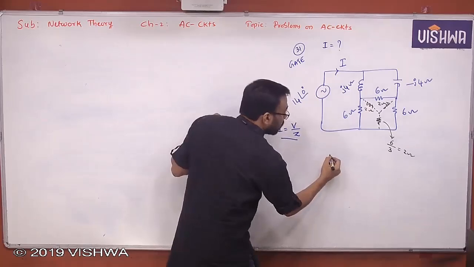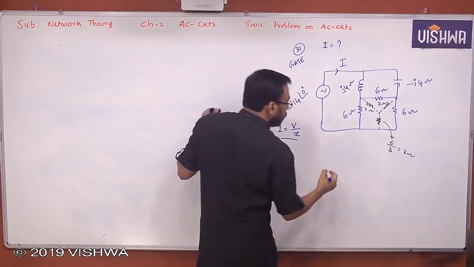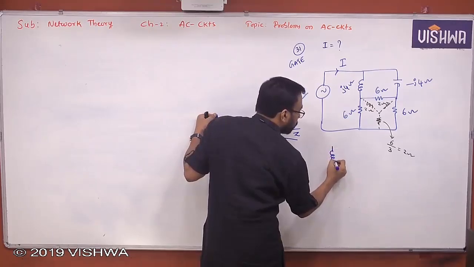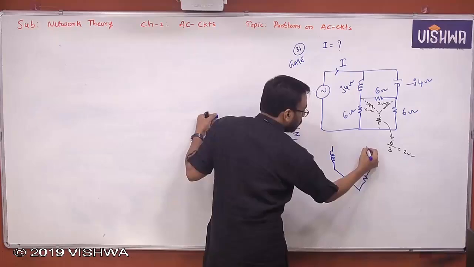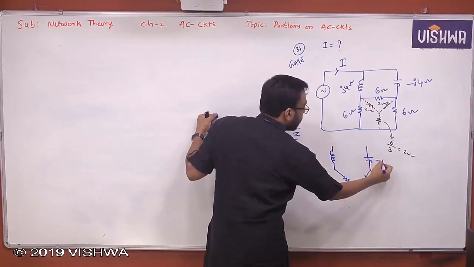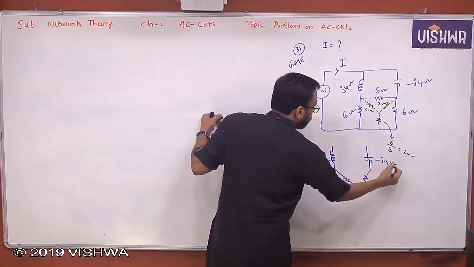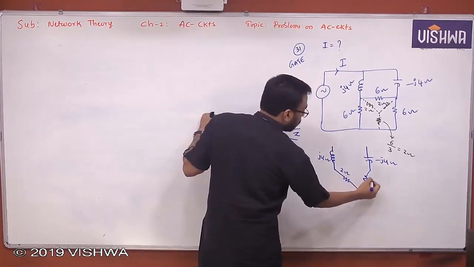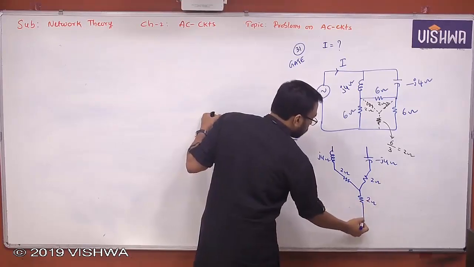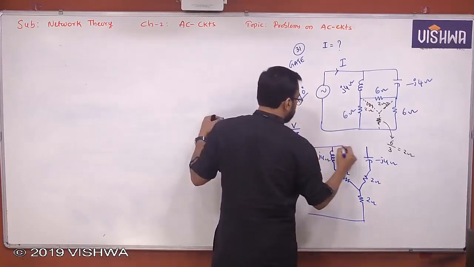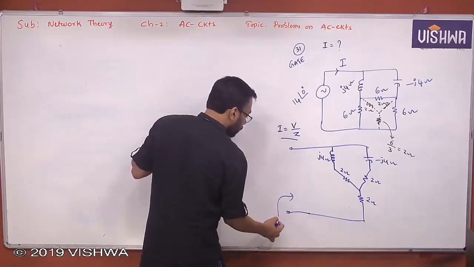So finally you got here minus J4, plus J4 ohm, and 2 ohm, 2 ohm and 2 ohm. This is the total impedance you are supposed to get.